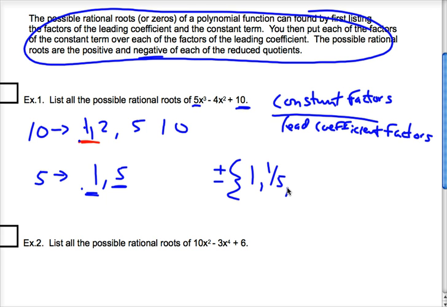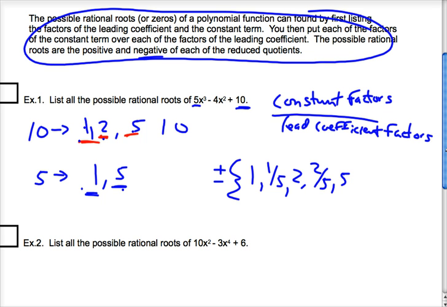Then I go down the line and ask, what about the 2? Well, I'd have 2 over 1, which is 2, and then 2 over 5, which is 2 fifths. We go to the 5. 5 over 1 is 5. 5 over 5 is 1, but I already have 1 as a possibility, so I'm not going to write that again.